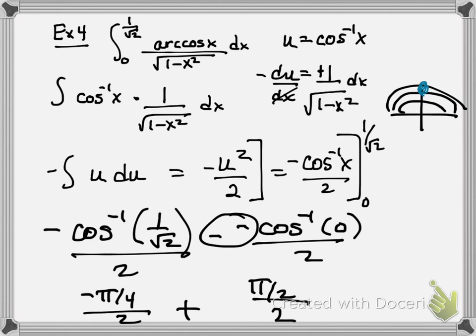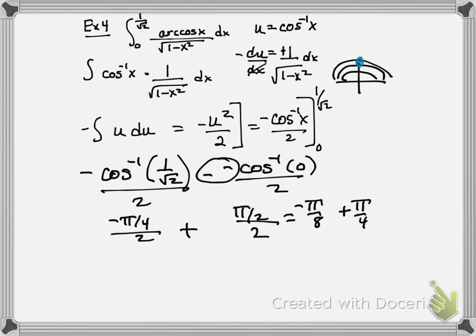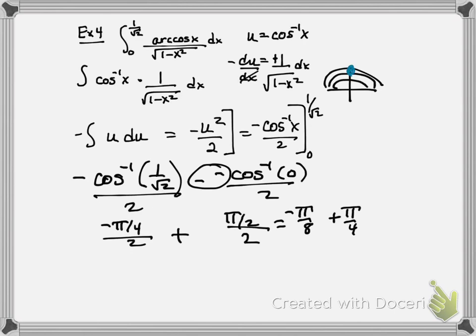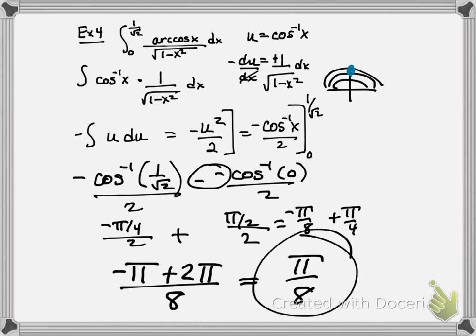And so if I flip and multiply, I'm going to end up with a negative pi over 8 plus pi over 4, which we should probably do a common denominator for. So common denominator would be 8. So negative pi plus 2 pi is going to end up being pi over 8 for my final answer.